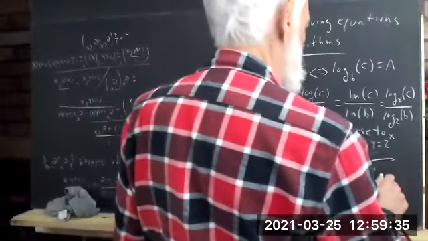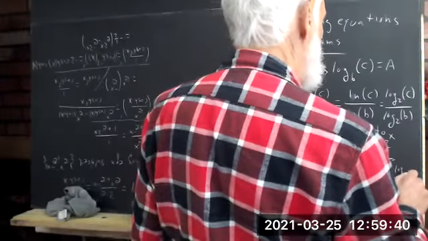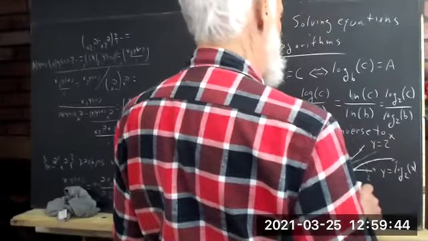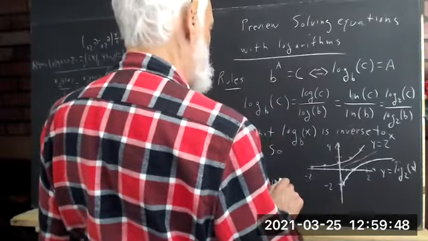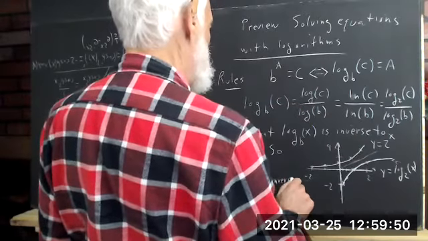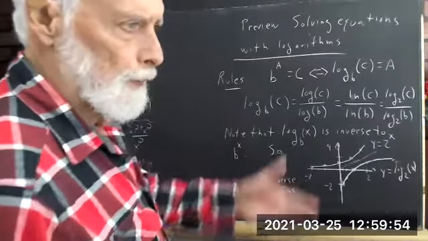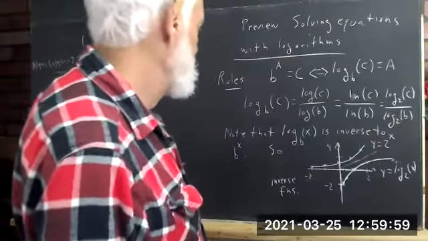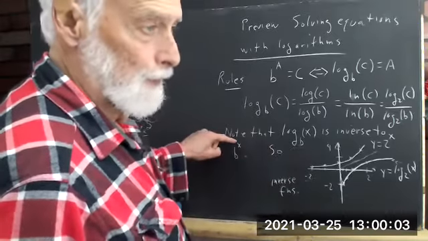And the function you get here is y equals log base 2 of x. These are inverse functions. Well, similarly, log base b of x is inverse to b to the x.